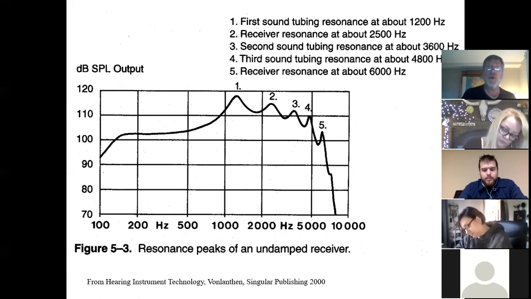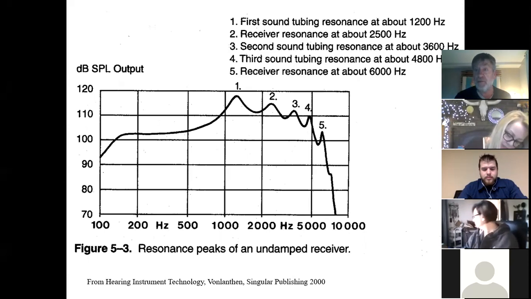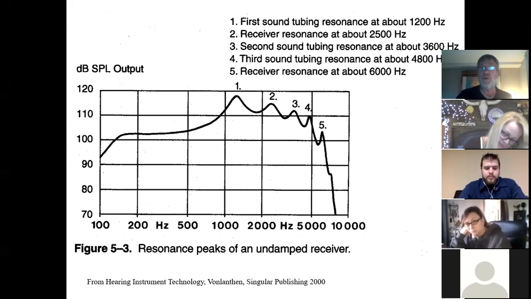This picture is showing you the frequency response of a fictitious hearing aid made in the town of Ordinary in the state called Normal. Okay, and the guy's name is Joe Average. So you're looking at a frequency response of some hearing aid, and you're going to notice bumps.